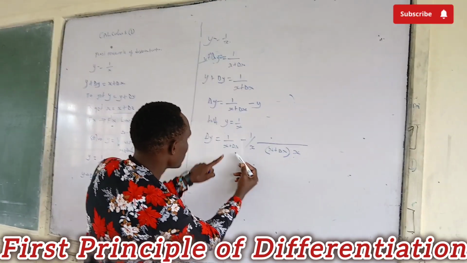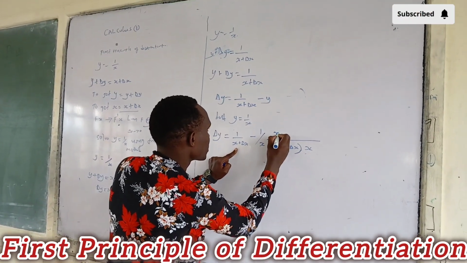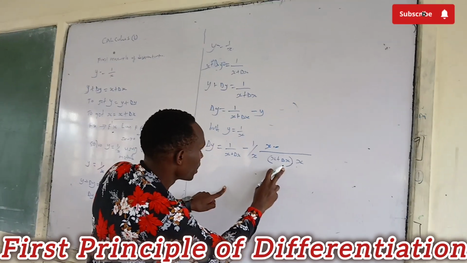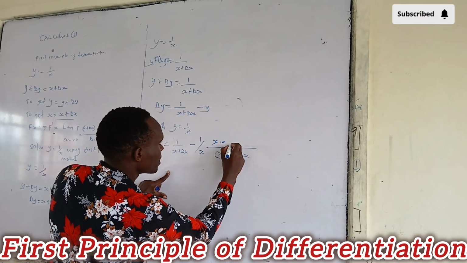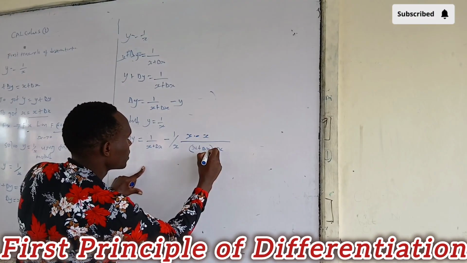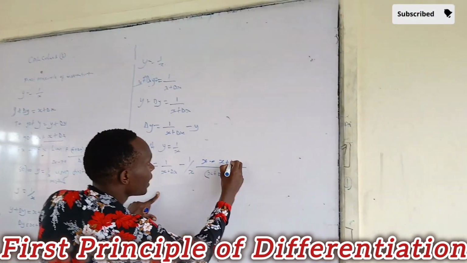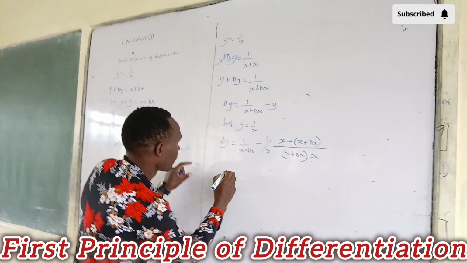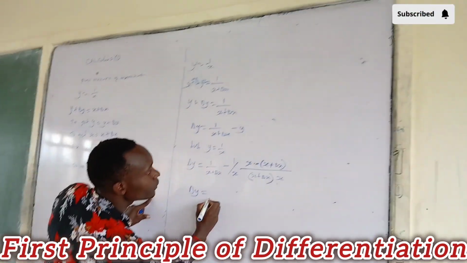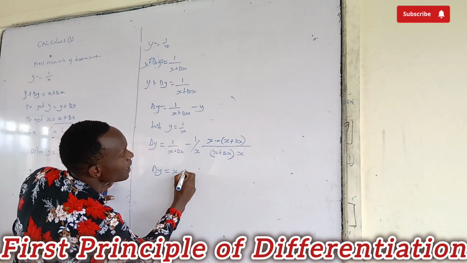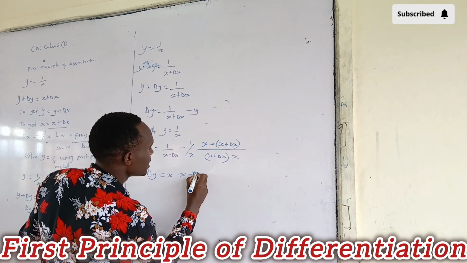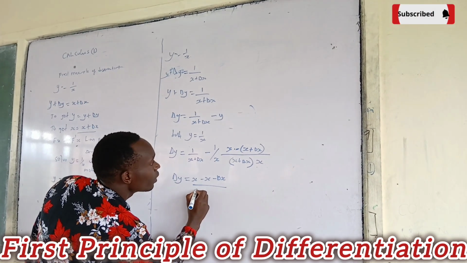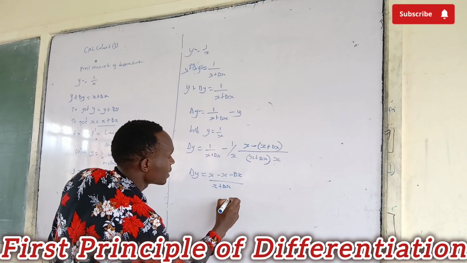Then this one goes here, 1 times x is x, then minus this one goes here, it is x plus delta x, because it's 1 minus. So change in y is equal to x minus x, then minus change in x over x plus change in x.